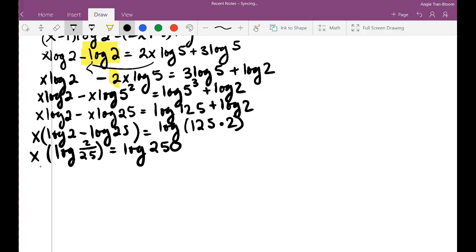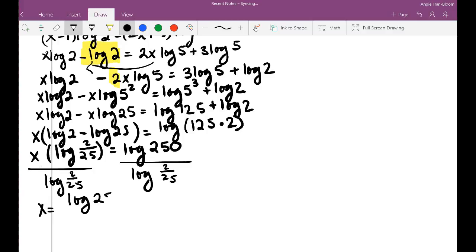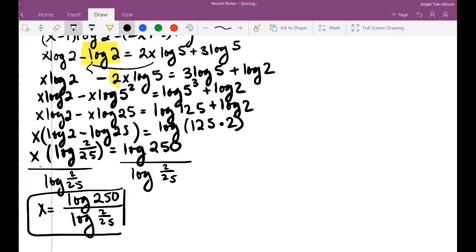Good. Are we almost done, guys? Yes. Now I need to isolate x by dividing each side by log 2 over 25. So x equals, exact answer is not too pretty, but good enough for me. But if it's not so pretty, it also wants you to use a calculator and round to 3 decimal places.